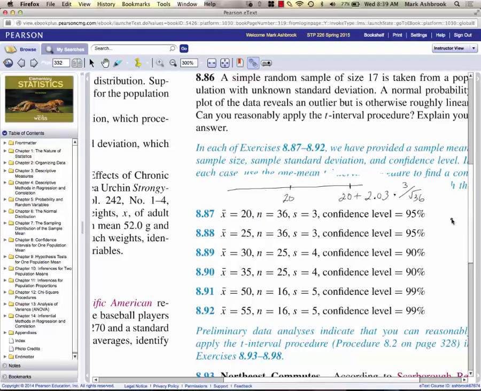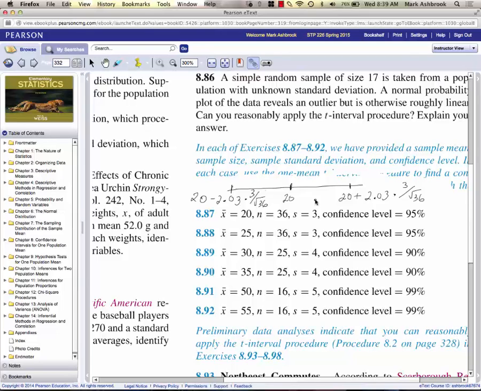Don't use the degrees of freedom, truly use n there, okay? The degrees of freedom, 35, was just to find the t value. And then we're going to go the same amount below. So 20 minus 2.03 times 3 over the square root of 36. Okay.